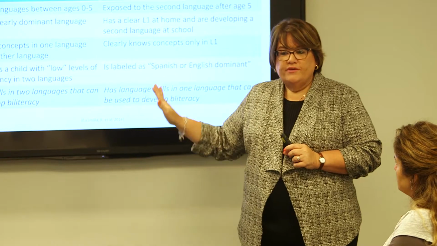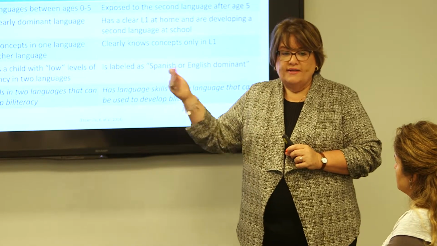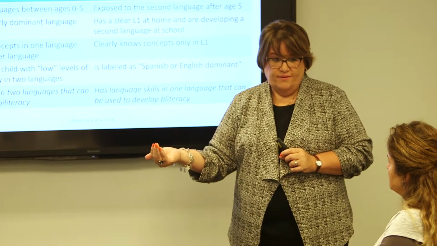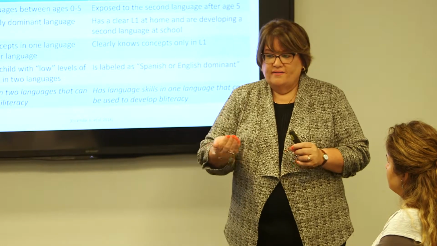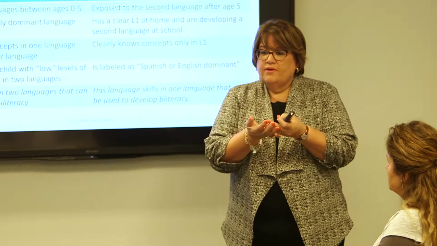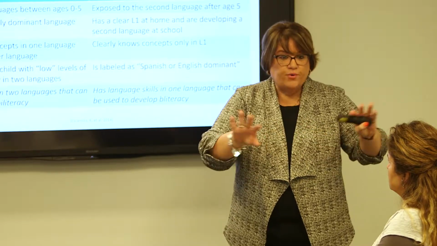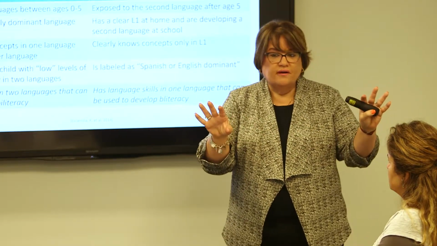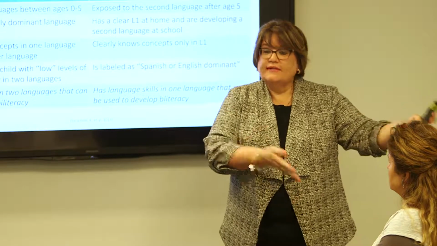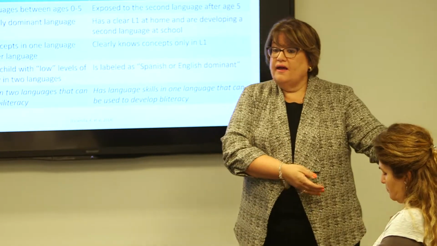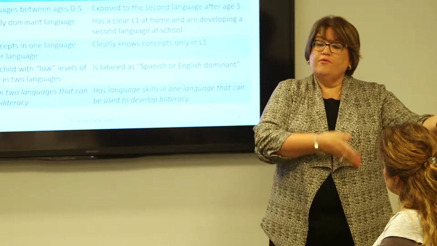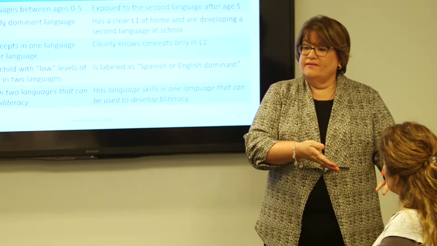I think that's a result of monolingual assessments, right? Because they are developing both languages simultaneously, but when you are assessing them separately, it's going to look like, especially at the very early stages, like they're low in both languages, when in reality, we know that they're not.